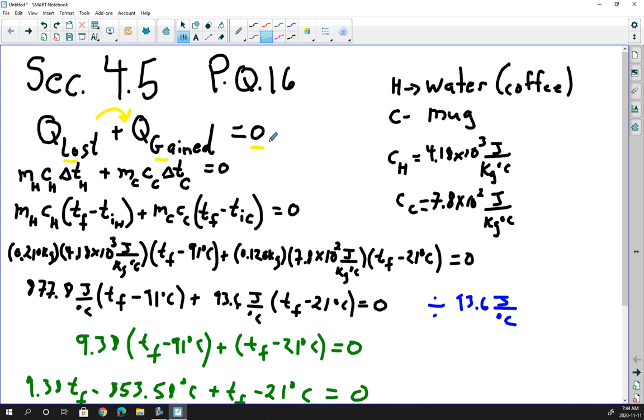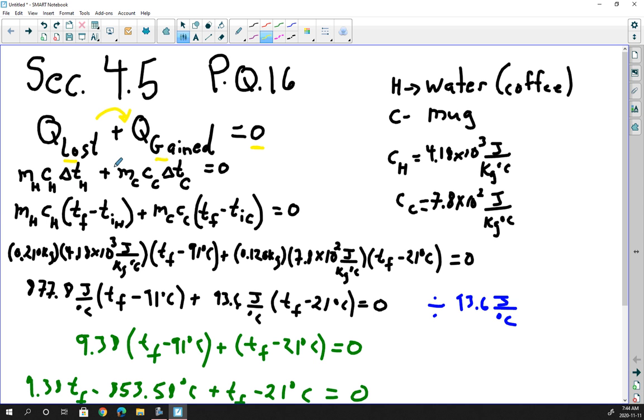Another way of saying this is if I lose 10 bucks and you gain 10 bucks, I'm at negative 10, you're at plus 10. Negative 10 and plus 10 gives me zero. The sum between the two of us is zero. But what is the definition of heat? Well, since it's heat loss, it's the mass of the hot material, times the specific heat capacity of the hot material, multiplied by the change in temperature, delta T, of the hot material.